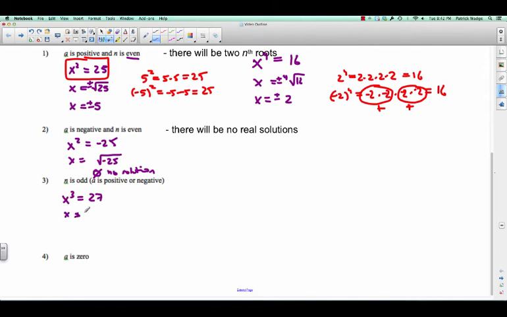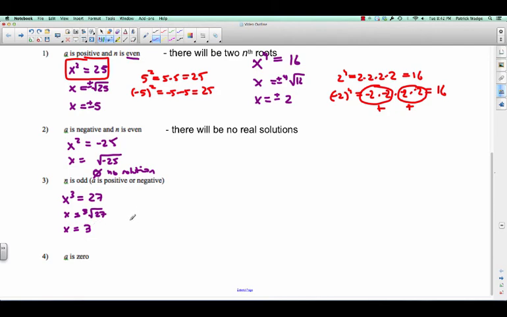If you took the cube root of this side, first of all, should we put plus minus here? No, you should not. Why not? Well, let's think about this for a second. What's the cube root of 27? That's a number that multiplies by itself 3 times to get 27. The answer is 3. 3 times 3 times 3 equals 27. Why do you not put plus or minus here?